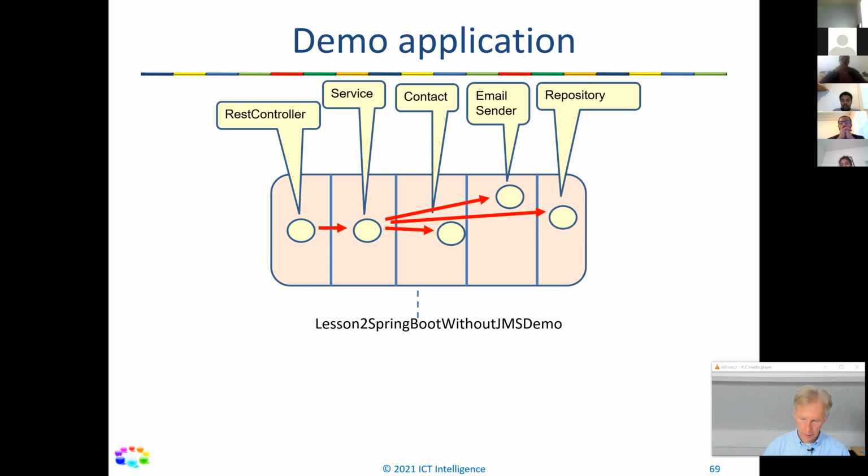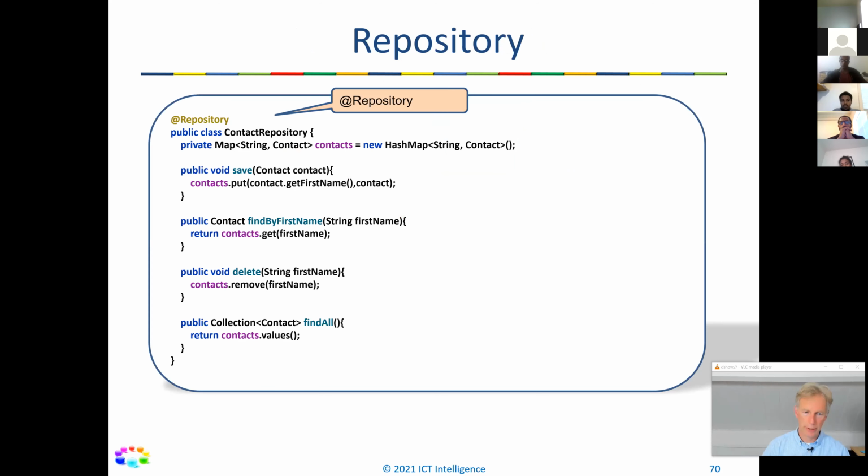So here's my repository, very simple. Instead of really going to the database, we look at that later, I just have an in-memory map of contacts. And I use the first name as my key. Let's say that's unique in my contact. If I say save a contact, I just add it to the map. Find by first name, I find the contact with that key. And delete, I remove it.